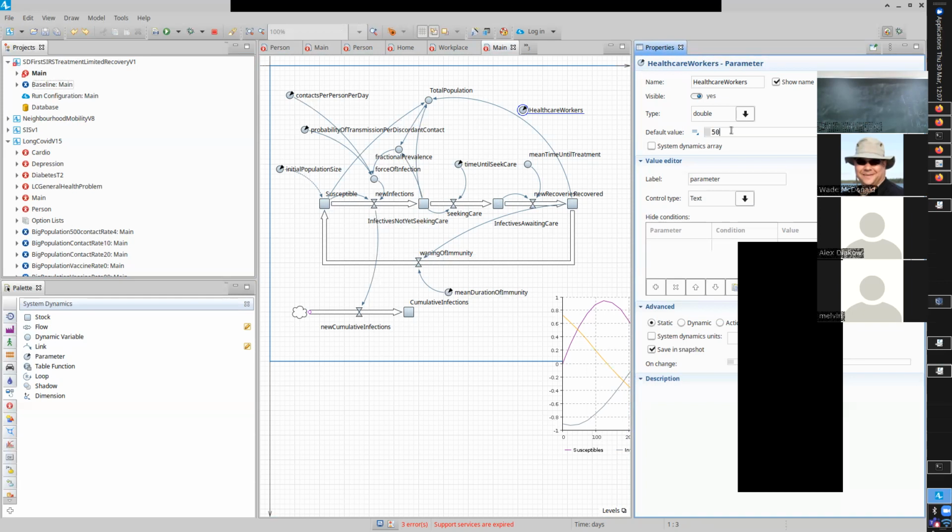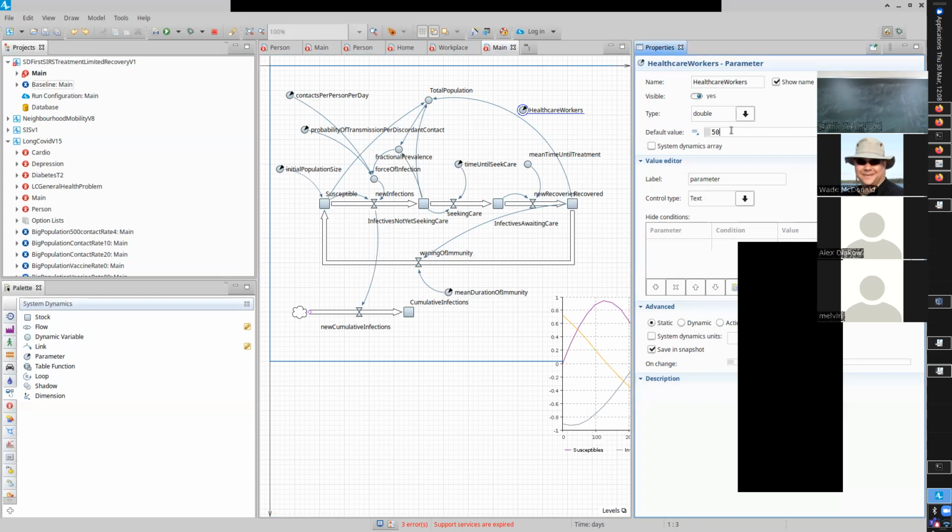And we're going to call the dimension of this one T, to indicate a dimension of time. So we have dimensions and then we have units. Here, if we just focus on dimensions, T will indicate time. So time until seek care will be measured as a time.